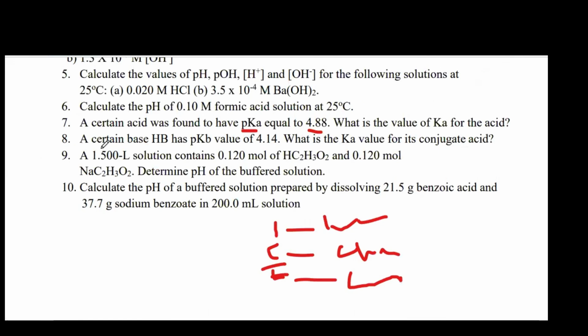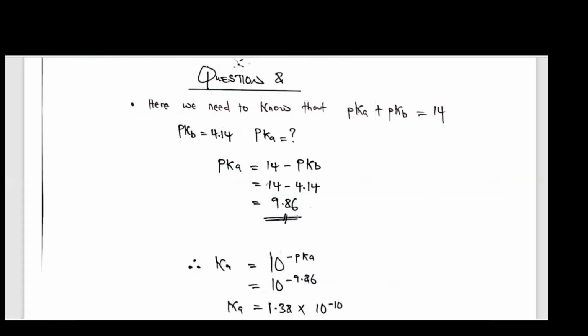Okay, on 8, they're saying a certain base, HB, has this pKb value now, okay? And then what is the Ka value for its conjugate acid? So here, notice that we have been given the pKb, which is for a base, but we've been asked for the Ka for the acid, okay? So how do you do that? There's a formula that relates the pKa and the pKb.